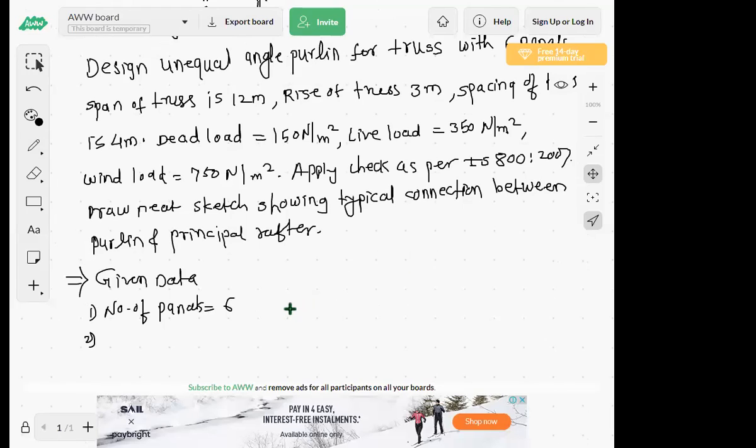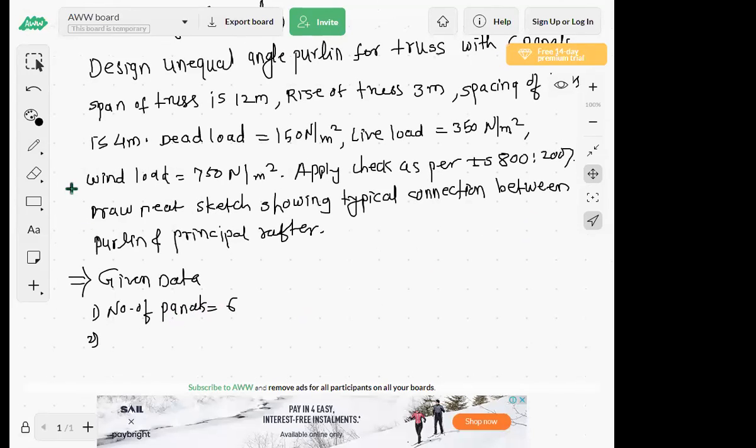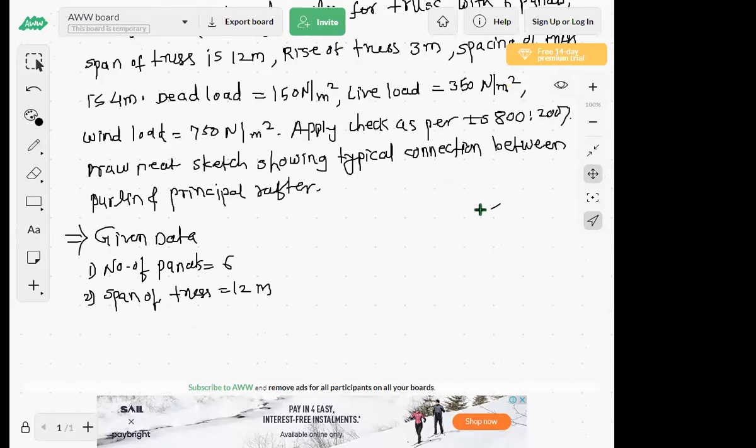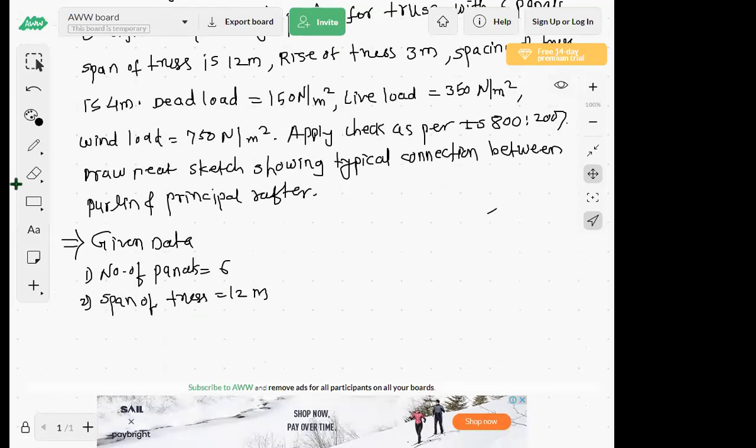First, the number of panels are 6. Then span of truss is given, 12 meter. Then rise of truss is given, that is 3 meter, or we can calculate the rise of truss.